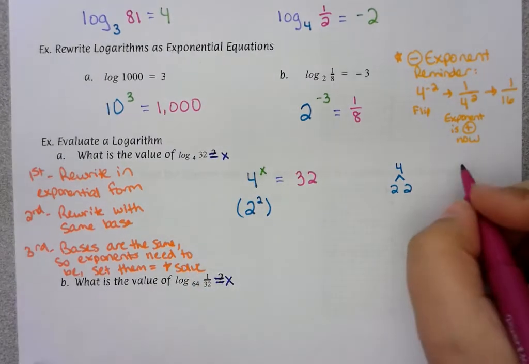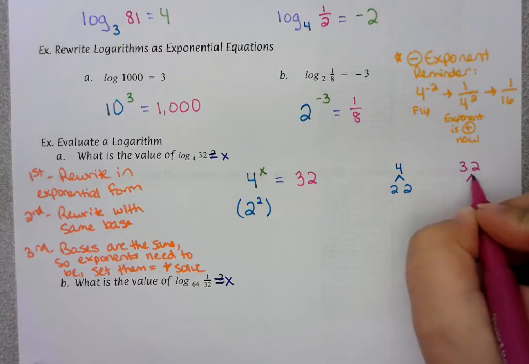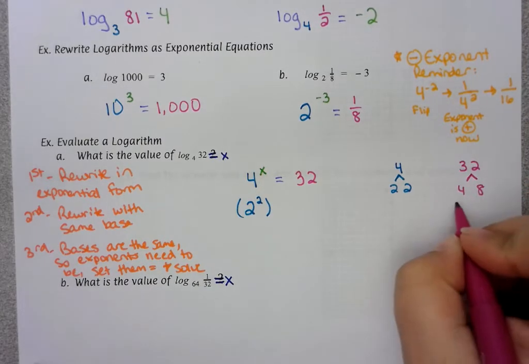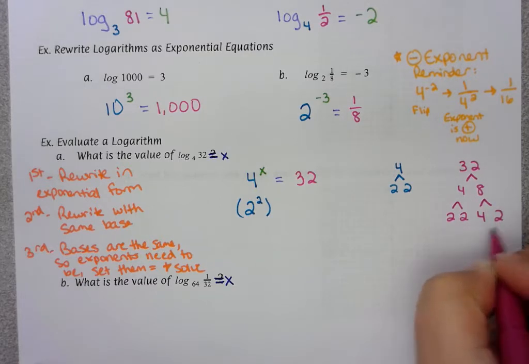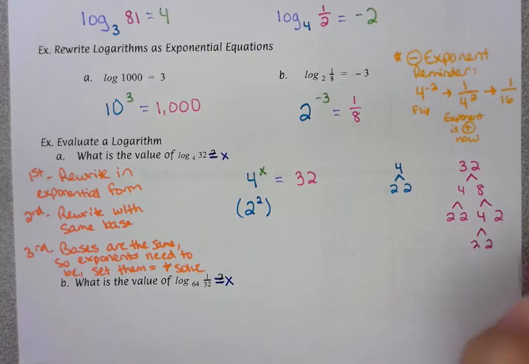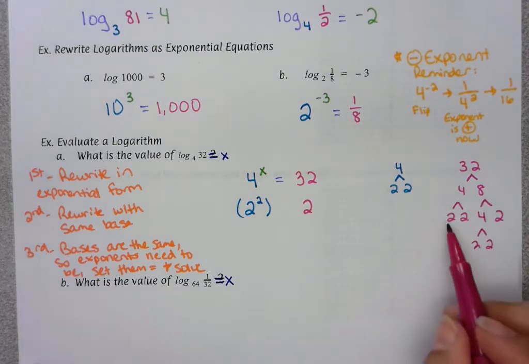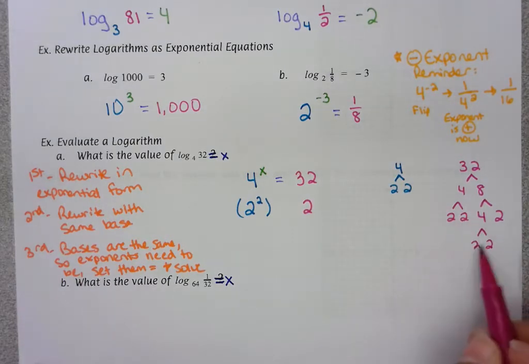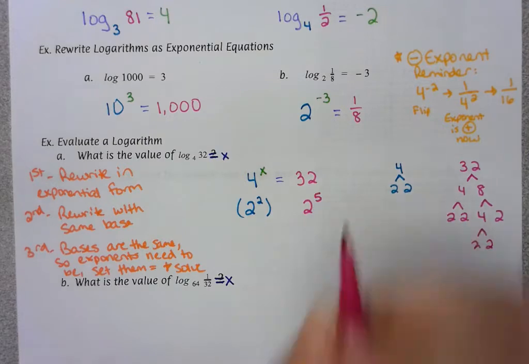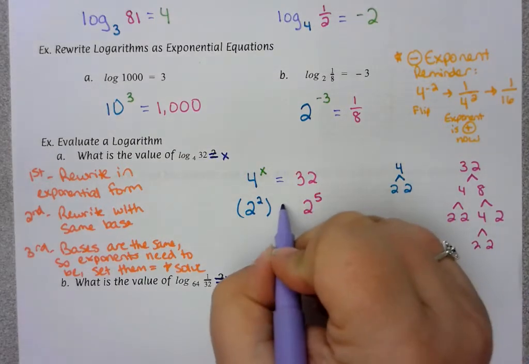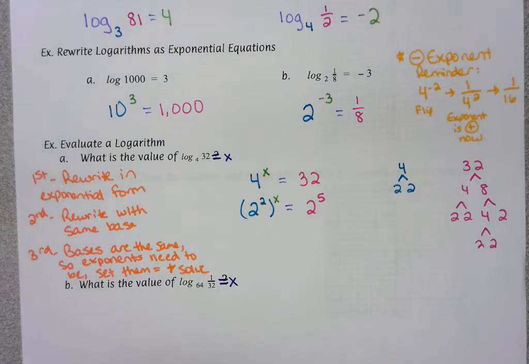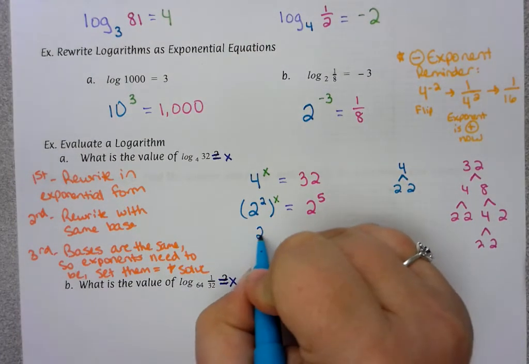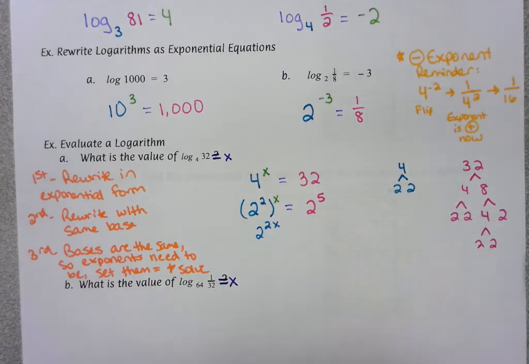Then if I make a factor tree of 32, I have 4 and 8, which gives me 2 and 2, 4 and 2, and another 2 and 2. So this can be 2 to the power of how many 2's I have over here. So that's to the 5th. Need to keep my equal sign and then bring down the x. Now I can rewrite this as 2 to the 2x power, and this side is still 2 to the 5th.